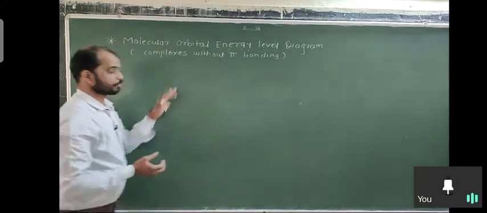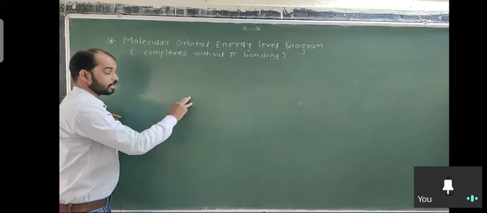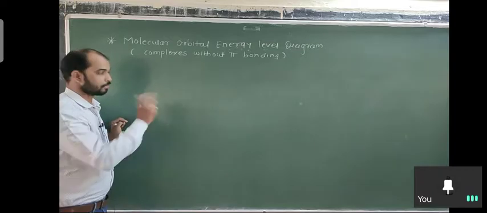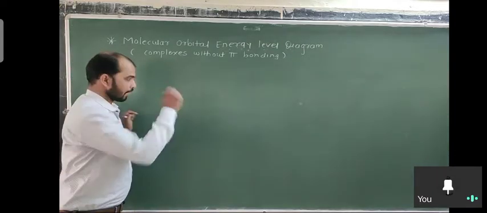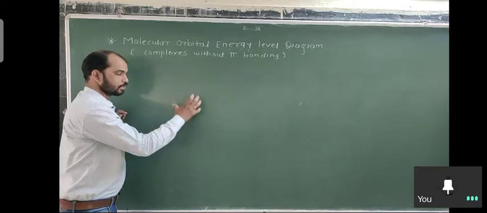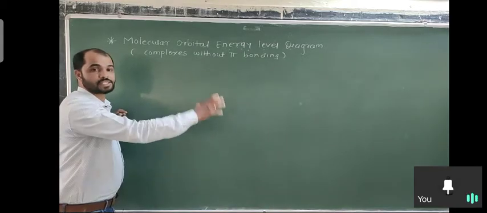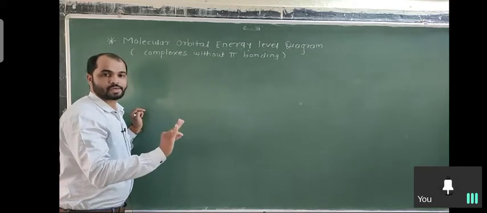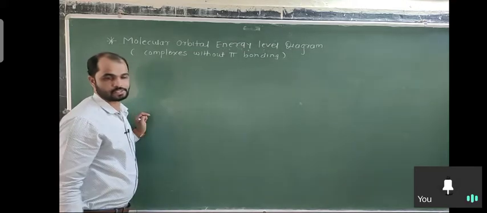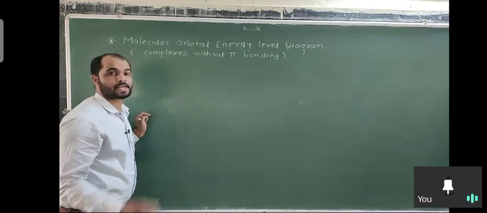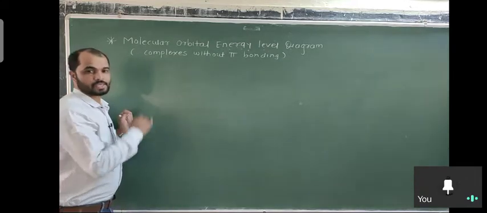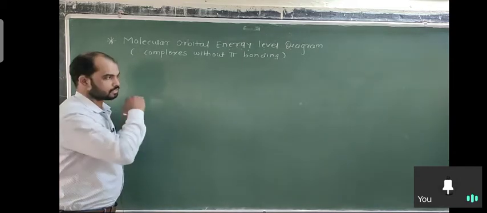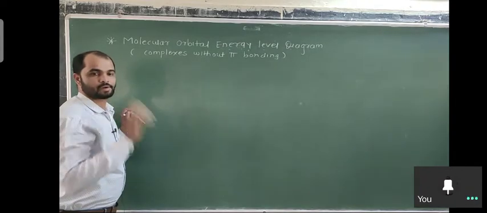The metal contributes nine orbitals, and out of those nine, the three T2g orbitals remain unparticipated and unaffected in sigma bonding. So we consider that set as non-bonding orbitals. A non-bonding orbital has equivalent energy to the metal orbitals, so we plot those orbitals at the same energy as the metal orbitals.